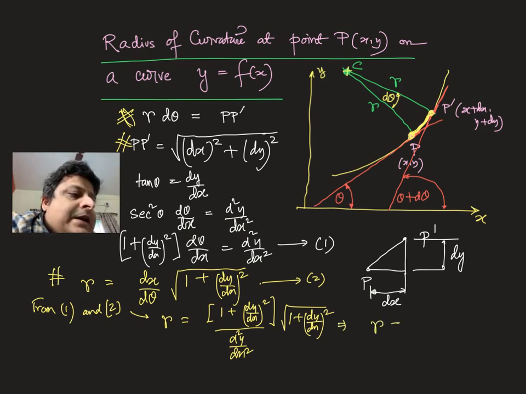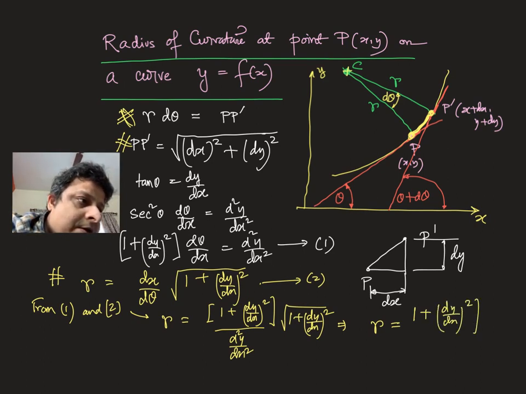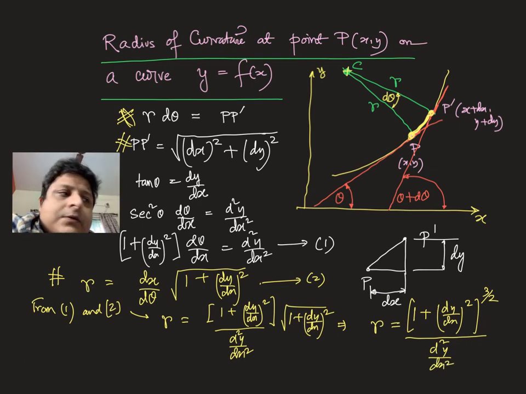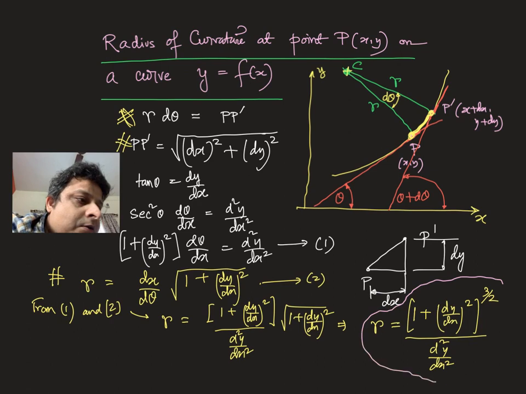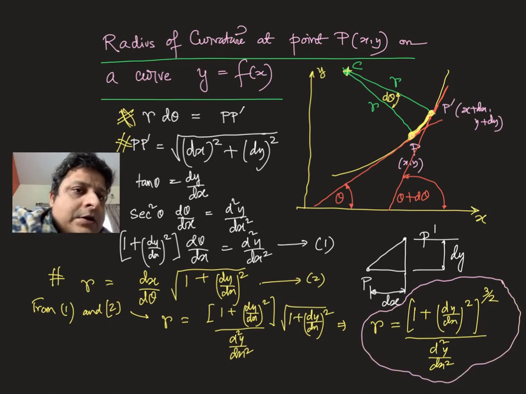That implies R becomes (1 plus (dy/dx) square) to the power 3 by 2, divided by d2y by dx2. So this is the formula for radius of curvature. It's worth remembering. Now I'll show a very simple example.